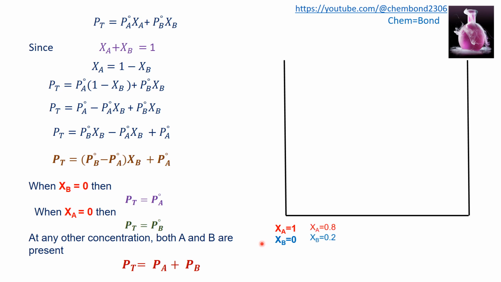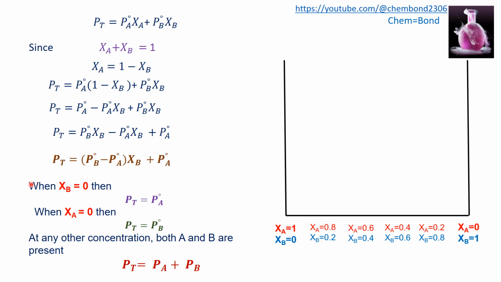Now we will start mixing it, decreasing the amount of A and increasing the amount of B. So XA will become 0.8 and XB will become 0.2. Their sum is equal to 1. In all cases the sum of the components will be equal to 1. So 0.6 and 0.4 will produce 1, 0.4 and 0.6 will produce 1, and 0.2 and 0.8 will produce 1, and at the extreme side XA will become 0 and XB will become 1.